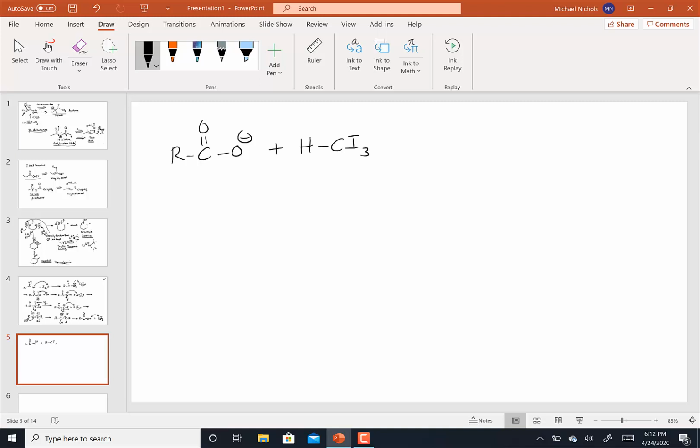So this reaction is actually called the iodoform reaction. There's also a bromoform and probably chloroform, but let's talk a little bit about that. So what is chloroform? Chloroform is CCl3 with an H on it. That is chloroform. This is called iodoform.